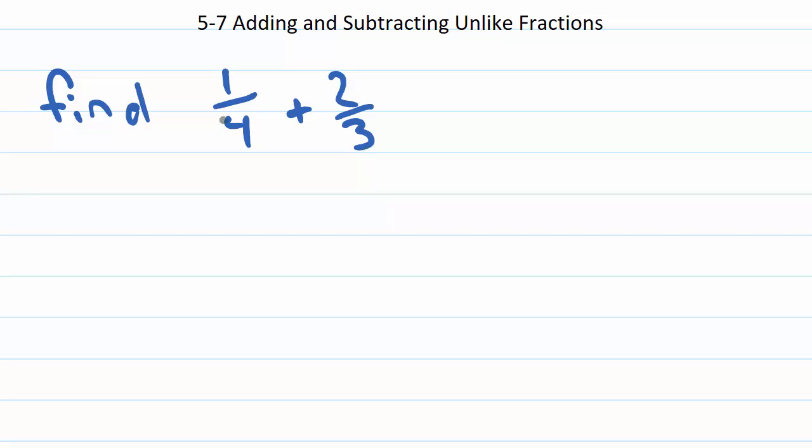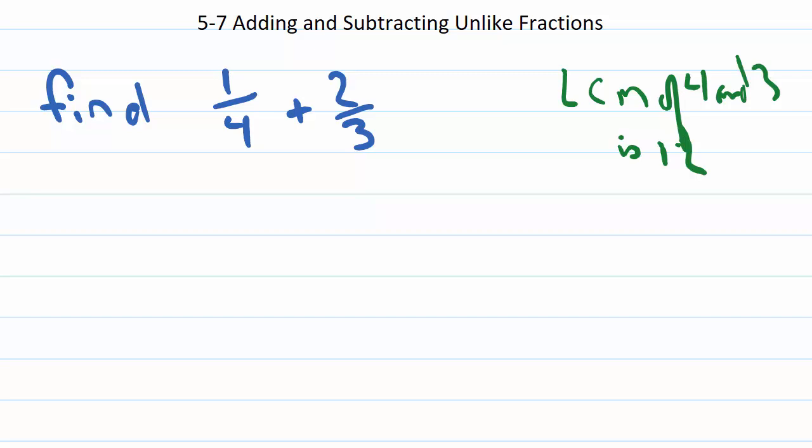I can do that by finding the least common multiple of these denominators, which gives me the lowest common denominator. The lowest common denominator of 4 and 3, you may have already guessed it, is 12. So the LCM of 4 and 3 is 12.